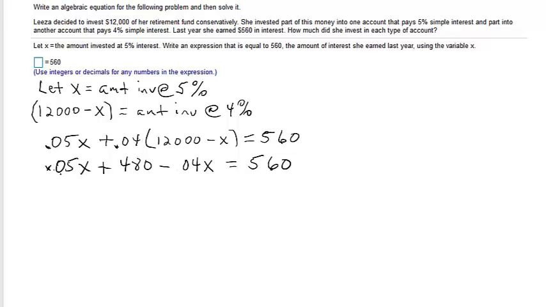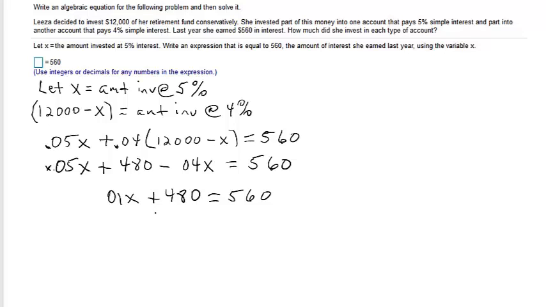Combining like terms, we have 0.05X minus 0.04X, and that gives us 0.01X plus 480 equals 560.